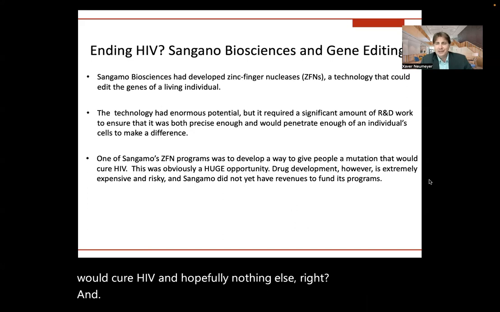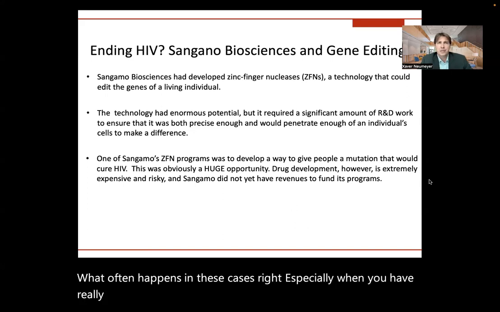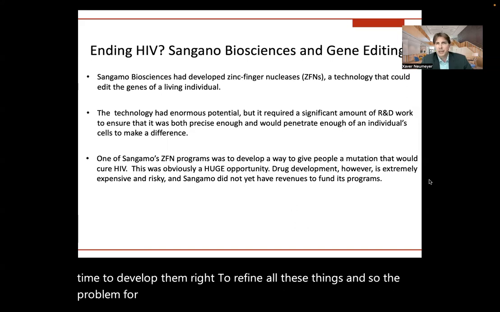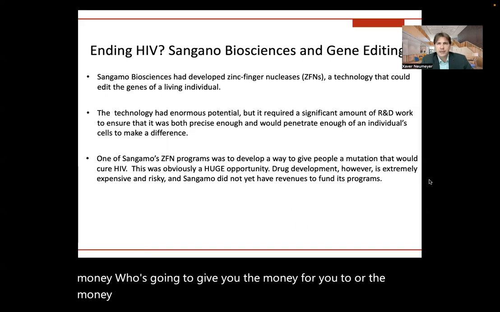What often happens in these cases, especially when you have really potentially powerful technologies, you need time to develop them, to refine all these things. And so the problem for a company in that scenario is, where do you find the money? Who's going to give you the money up front if you have a development cycle that's about 5 to 10 years?